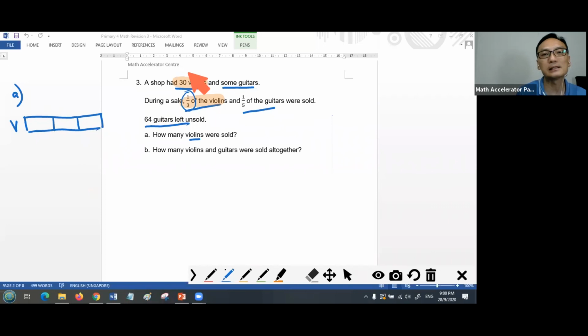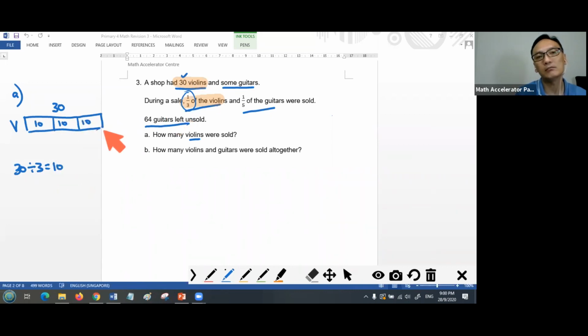So 3 units in total is representing 30 violins. If 3 units is 30 violins, how about 1 unit? 1 unit is 10, right? 30 divided by 3 is 10. So each of these units is 10.